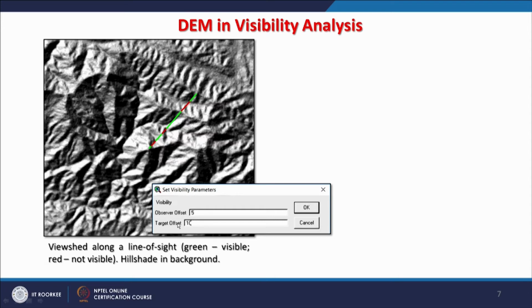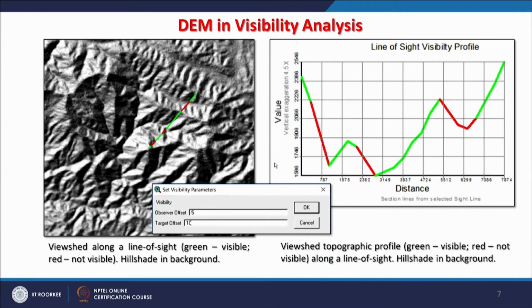So this is 5 meter, and then target offset is given 10 meter, and then analysis is performed. And of course, in the profile also you can see the same analysis, that this is the line of sight visibility profile. So these red parts cannot be seen, whereas the corresponding green part is seen.